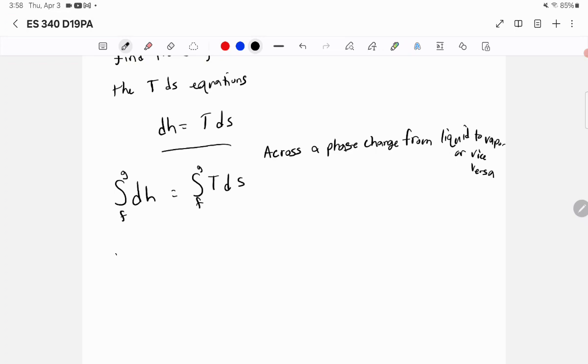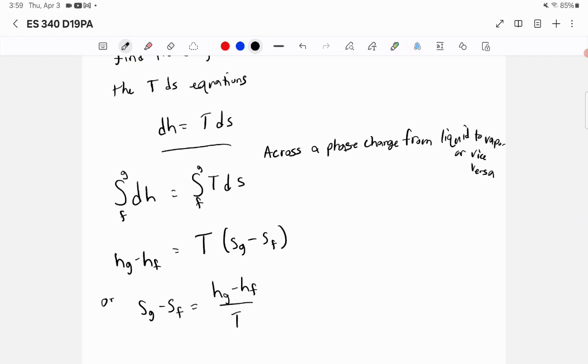Then what I find is Hg minus Hf is equal to T times (Sg minus Sf). Or Sg minus Sf is equal to (Hg minus Hf) over T. Just remember that these are the specific enthalpy and the specific entropy.